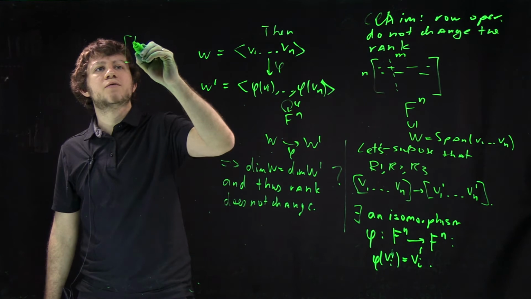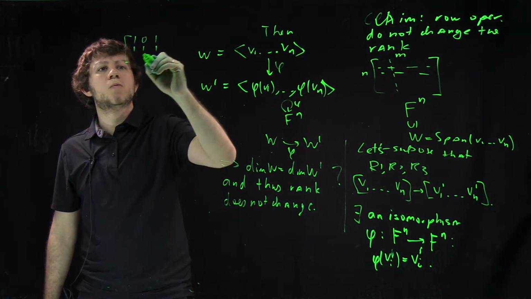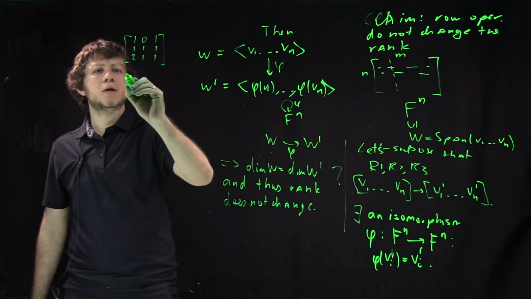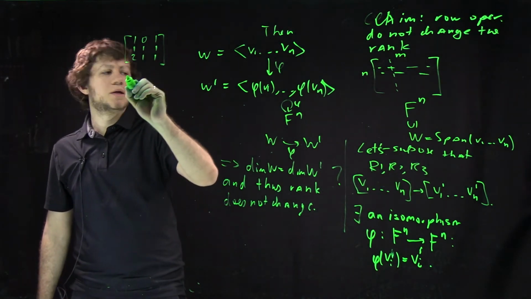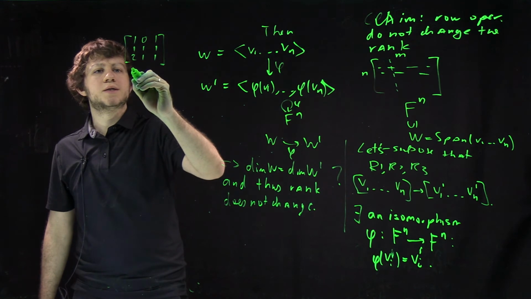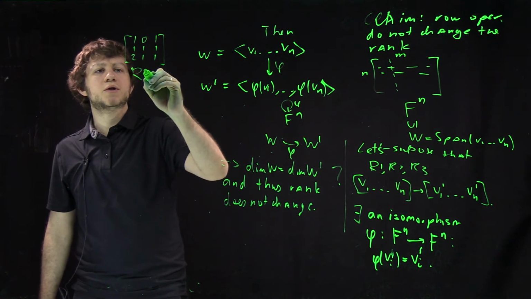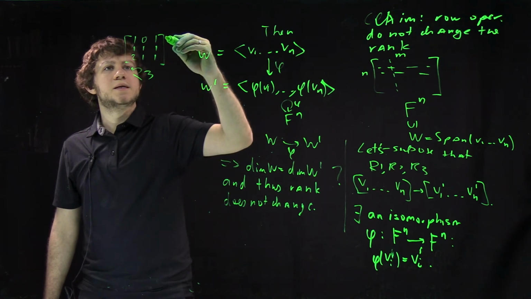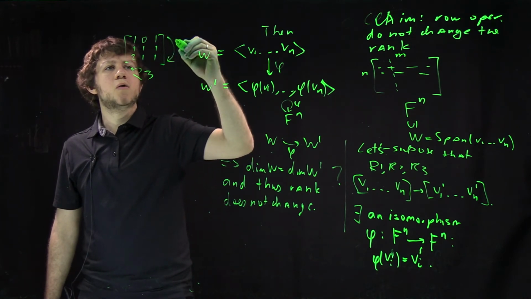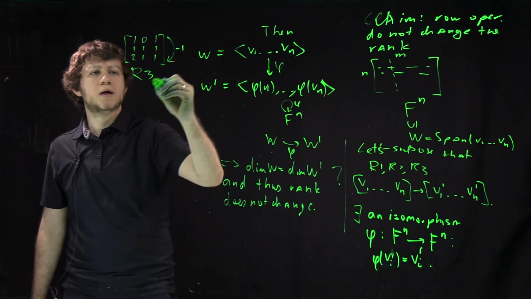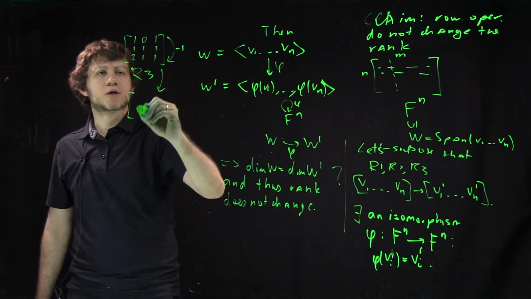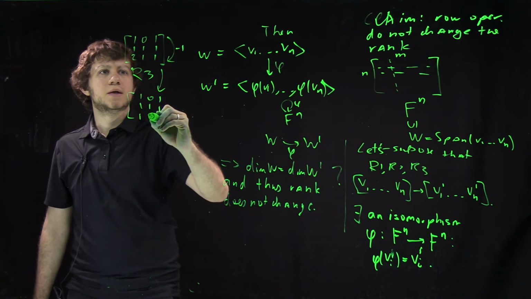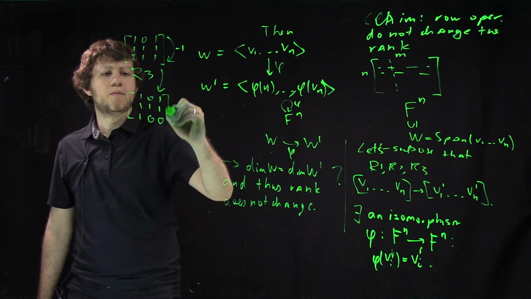Suppose we have a matrix 1, 0, 1, 1, 1, 1, 2, 1, 1, and suppose we do a row operation R3, where I take the first row and subtract it from the last one. And then my matrix moves to a matrix 1, 0, 1, 1, 1, 1, 1, 0, 0.